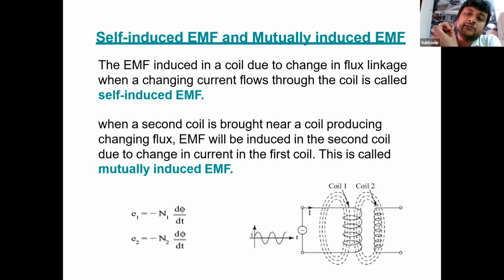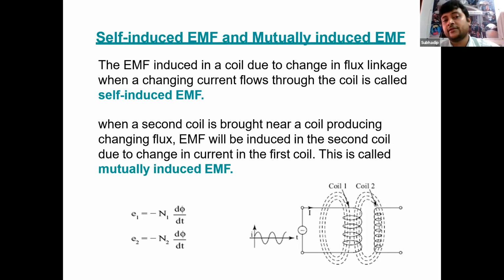That is called self-induced EMF. And suppose in the surrounding there is another coil, and that secondary coil comes near to the first coil. In that case, the flux will also link with the secondary windings. This is called mutually induced EMF.